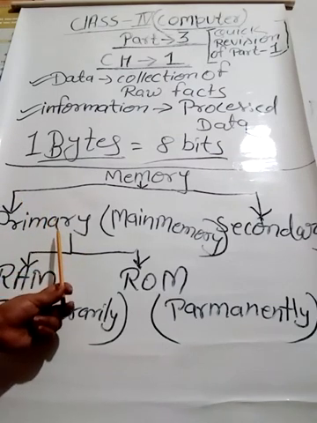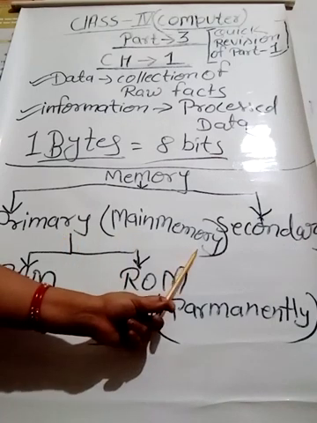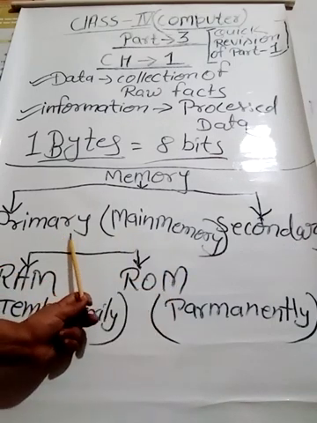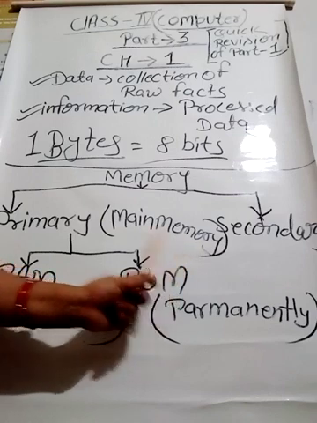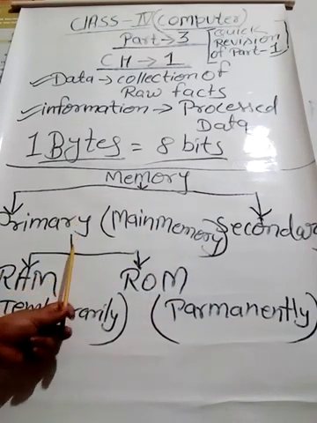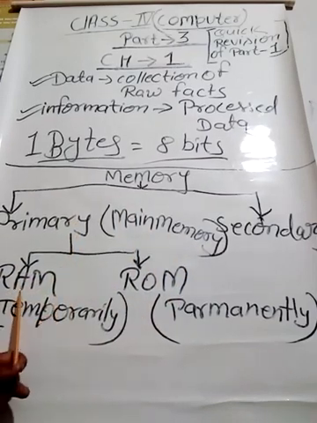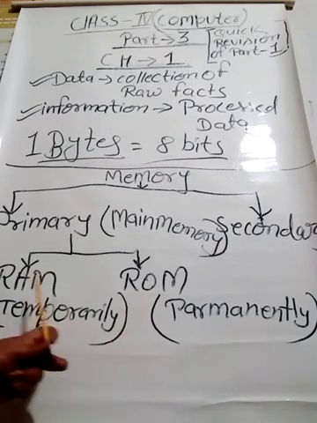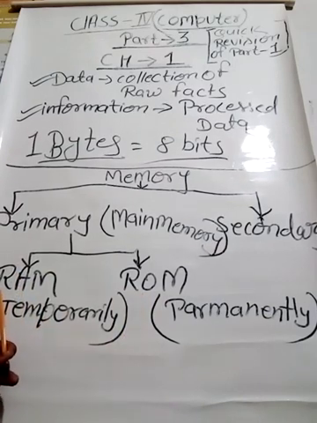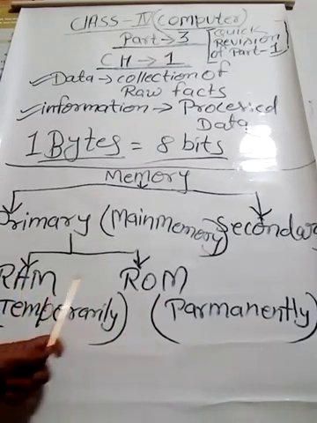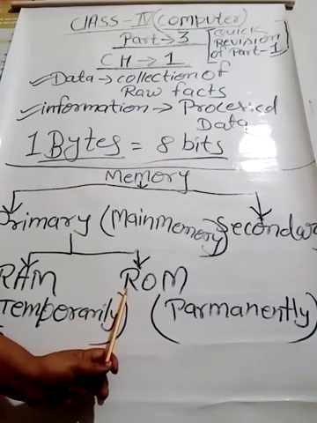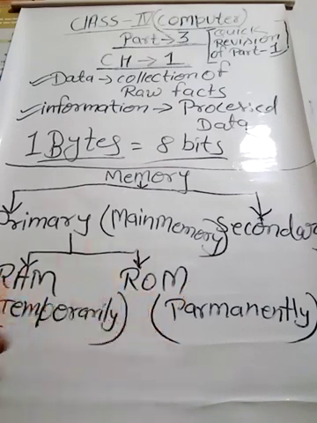It is also known as main memory. Primary memory is again classified in two parts: RAM and ROM. RAM stands for random access memory and ROM stands for read-only memory.